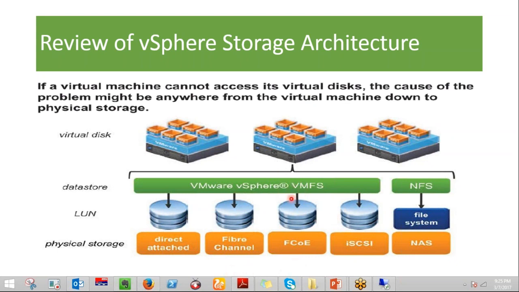You will have various architectures on your storage end, but from the VMware vSphere storage architecture perspective, if it is connected directly using some cable, that is called direct attached storage. Is your query clear or do you still have any queries? Okay. So any other queries on this slide?